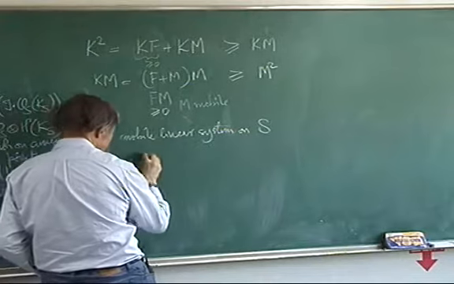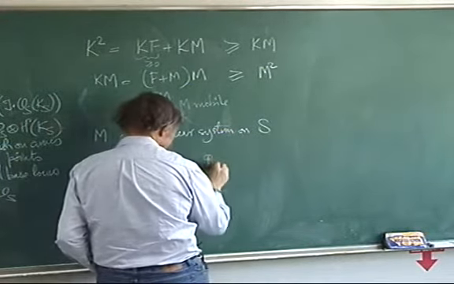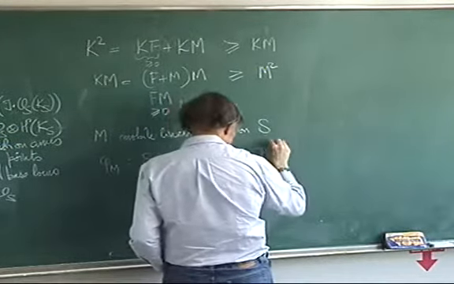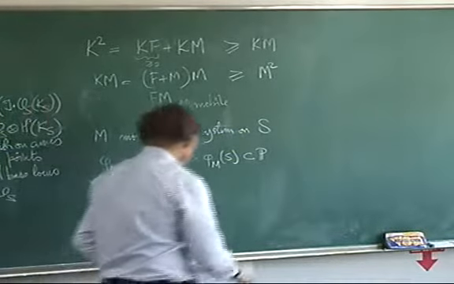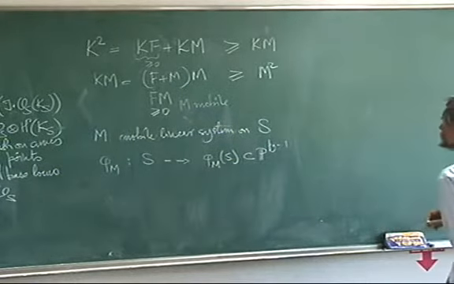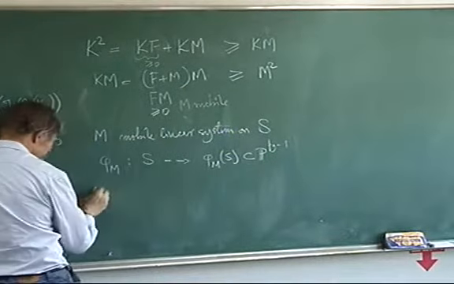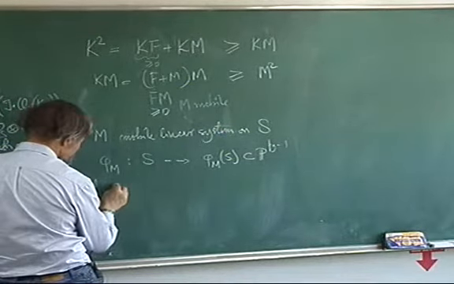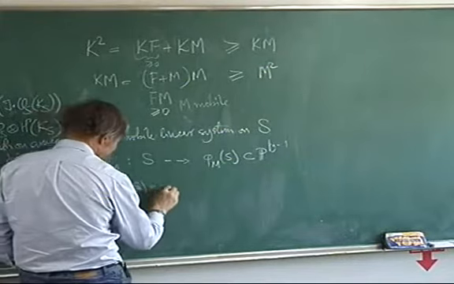It's now defining a map from S to some image in P^(g-1), the projective space of that vector space. Okay, and now there's going to be a division of cases, if phi_M of S is a curve.